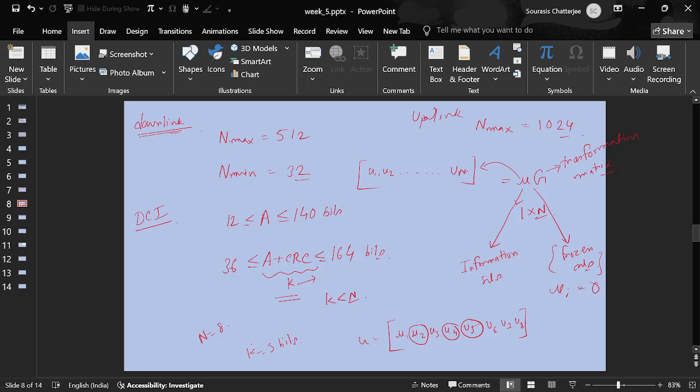So you have your k1, k2, k3. You put k1 here, k2 here, k3 here, and you set u1, u3, u6, u7, u8 as 0. That is how you are creating the vector u here. Okay, sir, I got it.